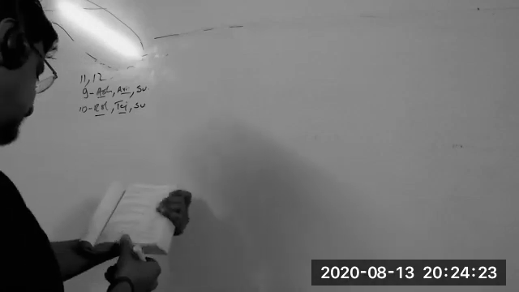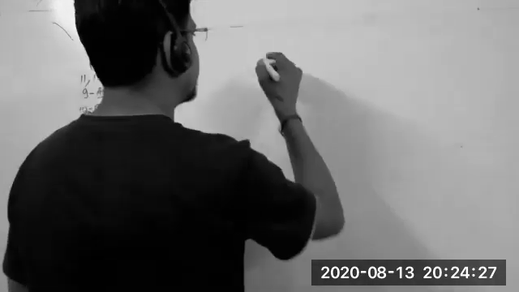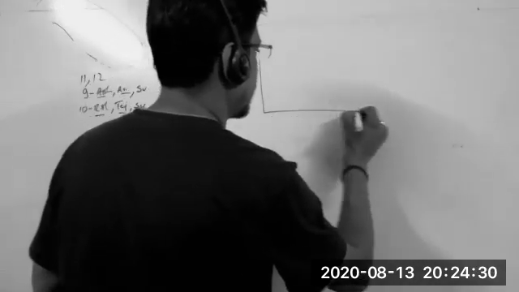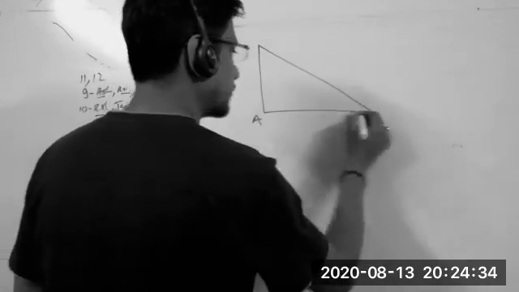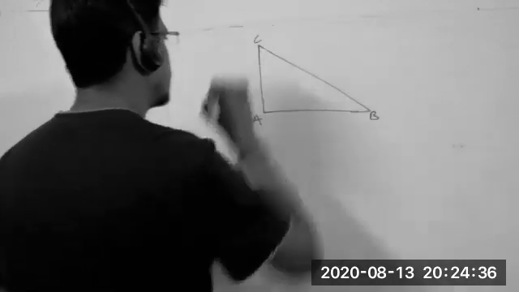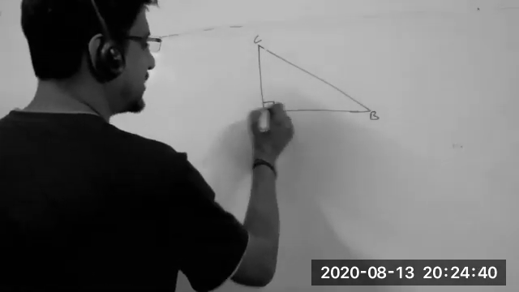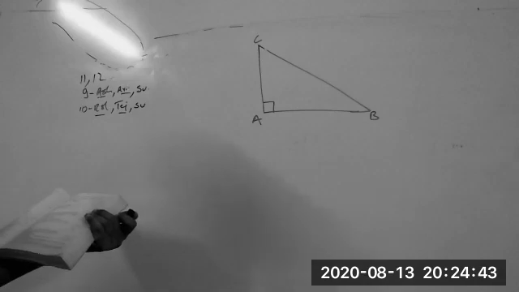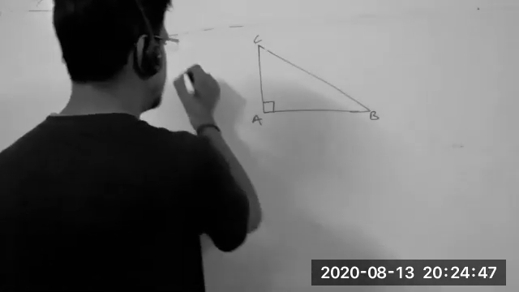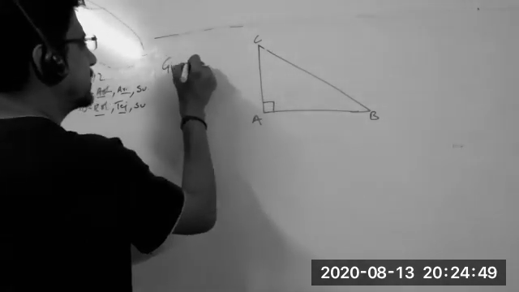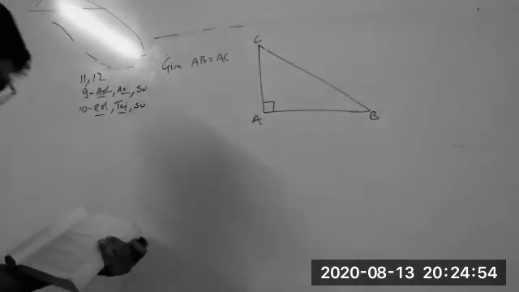Please pay attention. ABC is a right angle at A, such that AB is equal to AC. So this is equal to this. AB equals AC given. Okay, very good.